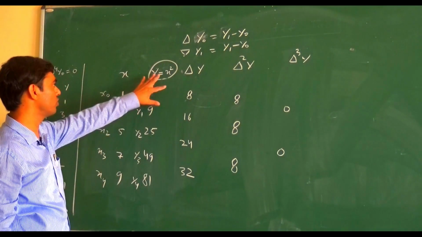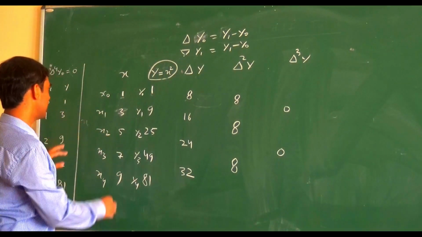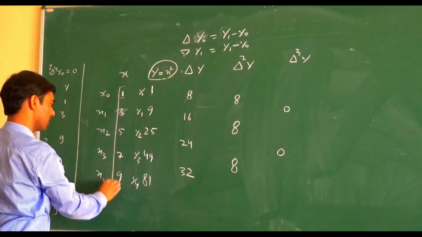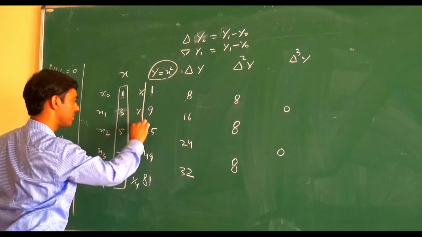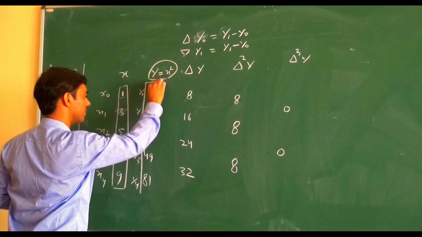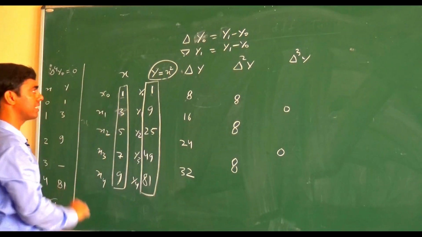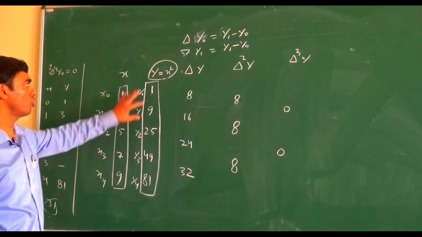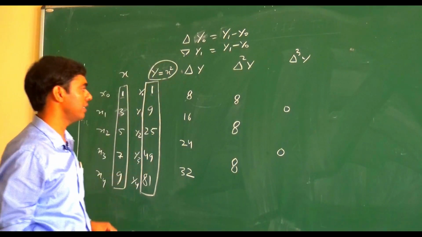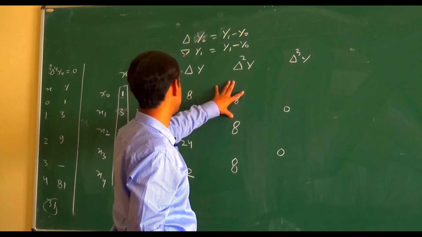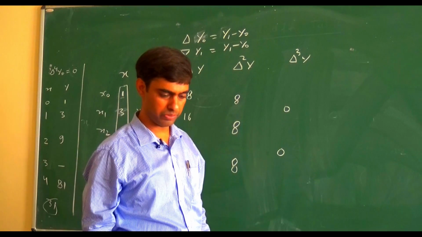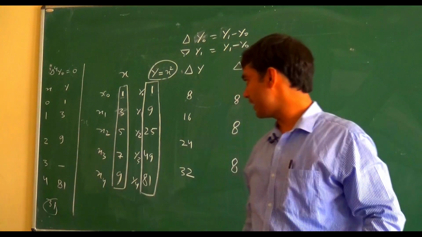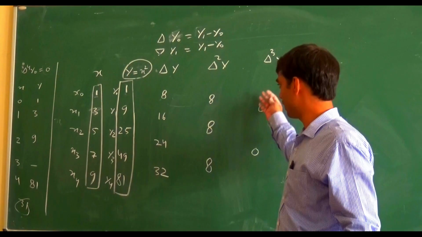If this is a polynomial of degree 3, then what will happen?